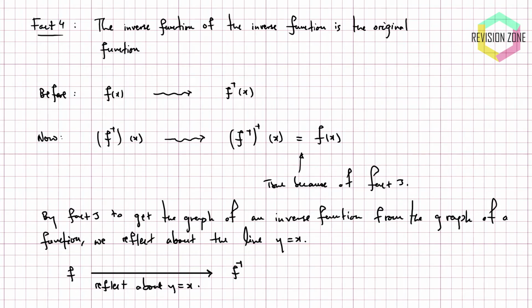But how about if I now reflect this about the line y equals x? So let me say that. So reflect about y equals x. I know that what I'm going to end up with here is going to be the graph of the inverse function of f inverse, okay?